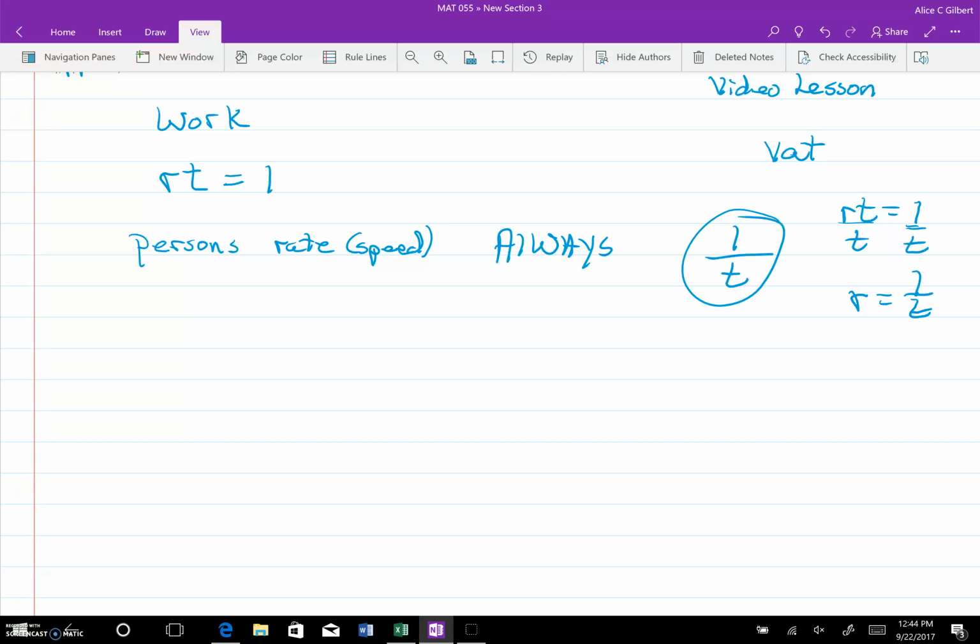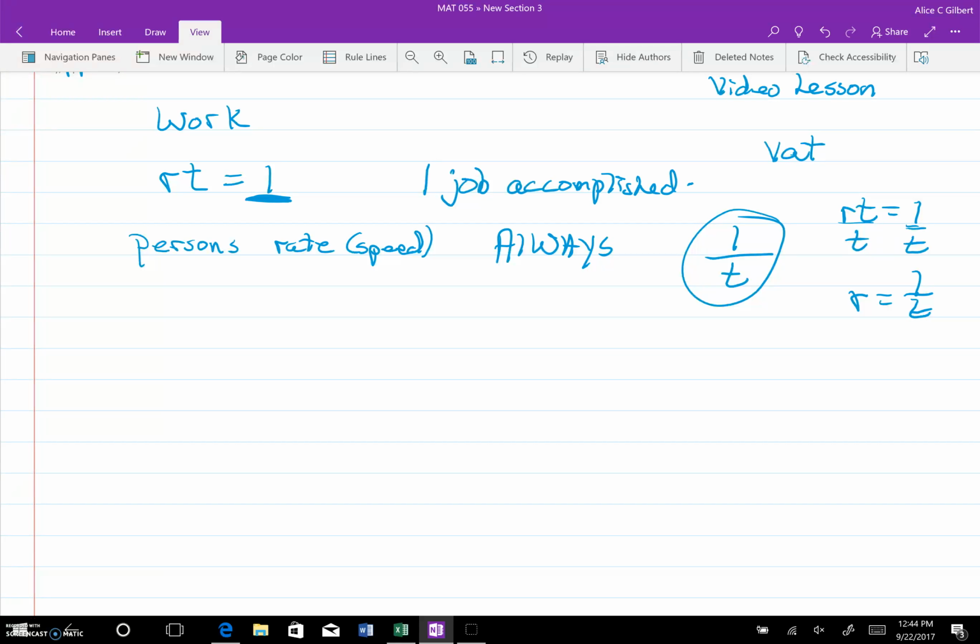So remember, in our table, when we're putting this together, somebody's rate is always 1 over their time. And the other thing to remember is in our equations, it always, always, always equals 1 job accomplished.